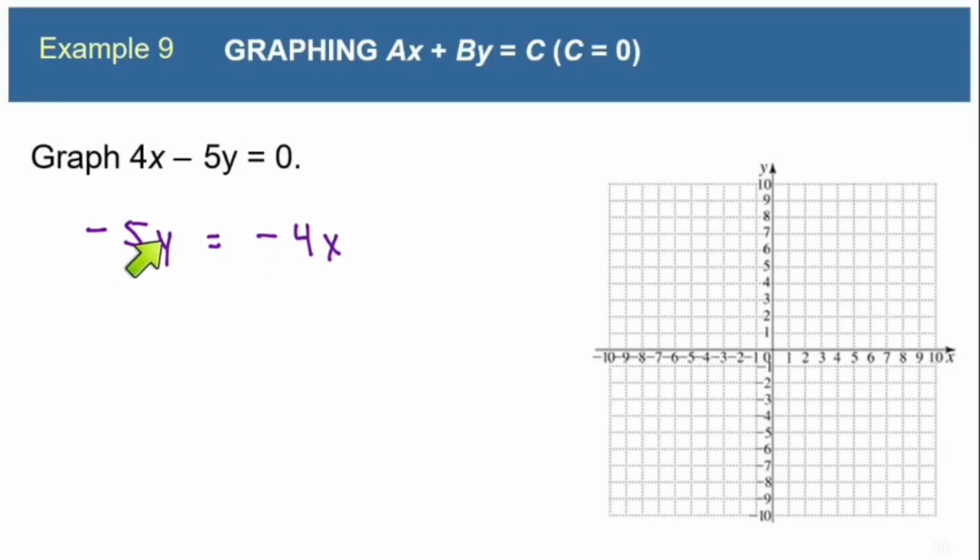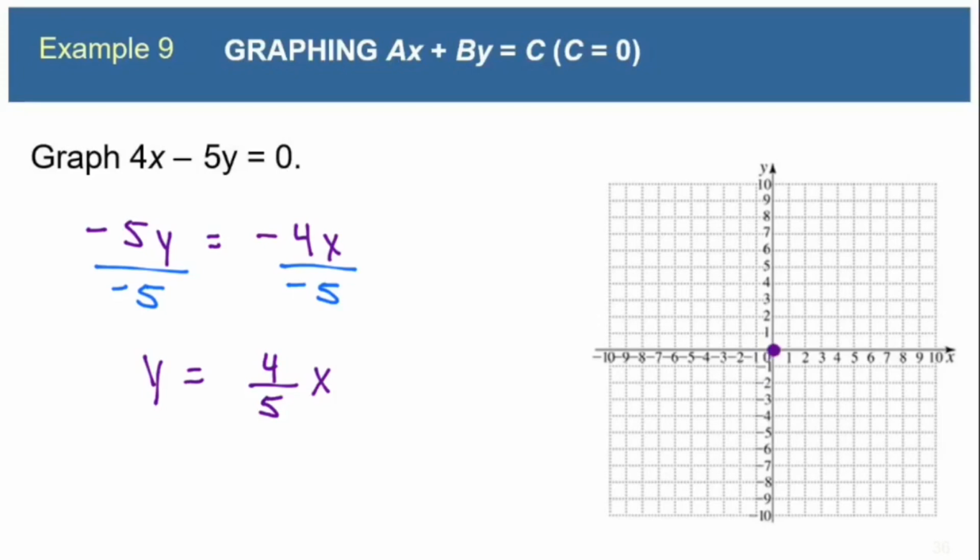And now I want to isolate the y, so I'll divide both sides by negative 5. That lets those negative 5's cancel out, and I get y equals negative 4x divided by negative 5. Now we know negative divided by negative is positive. 4/5 cannot be reduced, so we'll have 4/5 x. And there's no constant term, so that tells me something I already knew, which is the y-intercept is 0.